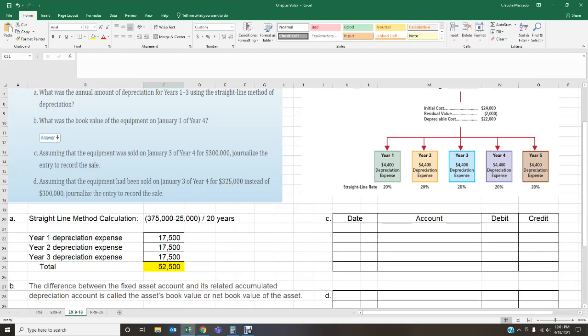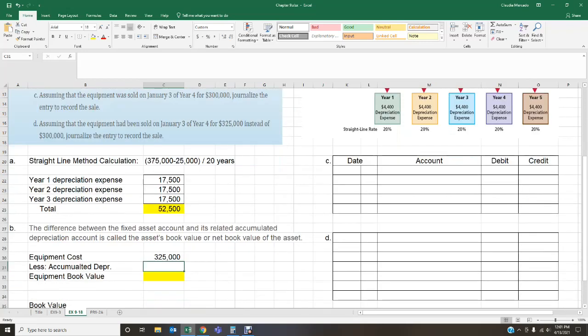Well, we already figured that out, and we know that we depreciated it $52,500 years 1, 2, and 3. So at the beginning of year 4, this asset has been depreciated $52,500. So my book value is going to be the $325,000 minus the $52,500.